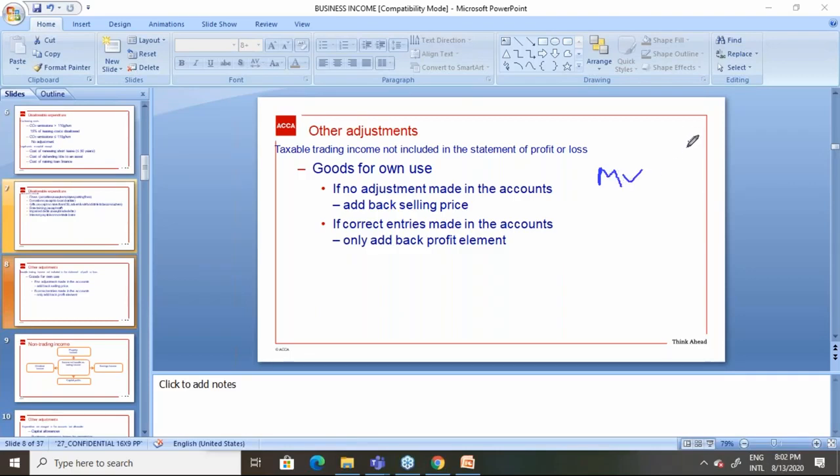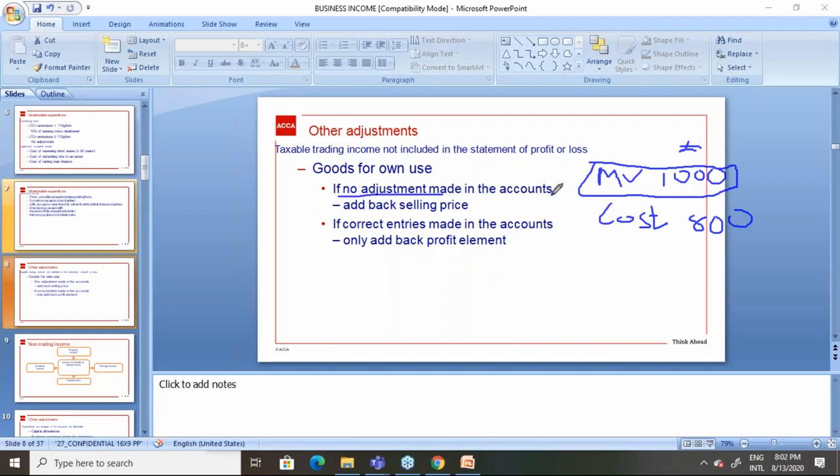That means assume the market value of the goods taken by the owner is £1,000, but the cost of those goods is £800. In this situation, for the purpose of taxation, you need to treat it as normal sales. Therefore, when calculating the tax-adjusted trading profit, your sales revenue should increase by £1,000 if you have not recorded this transaction at all in accounting.